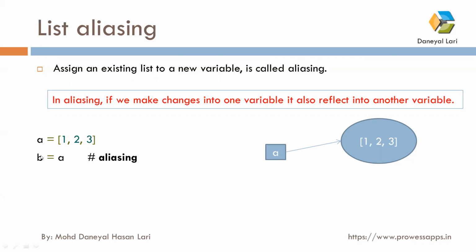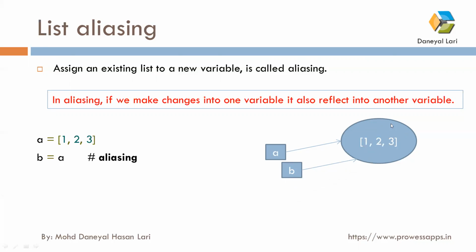Now when you write b = a, what happens in memory? It doesn't create a new object. It now points to the same object which has already been created previously. So this is called aliasing.